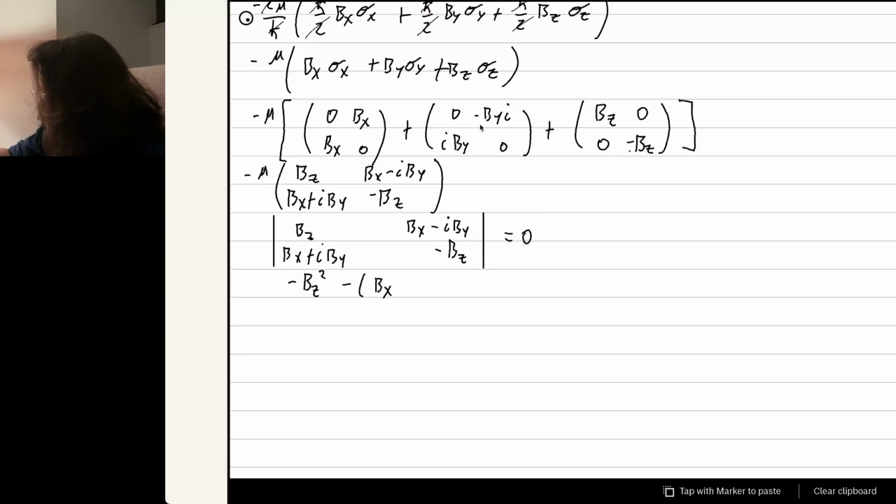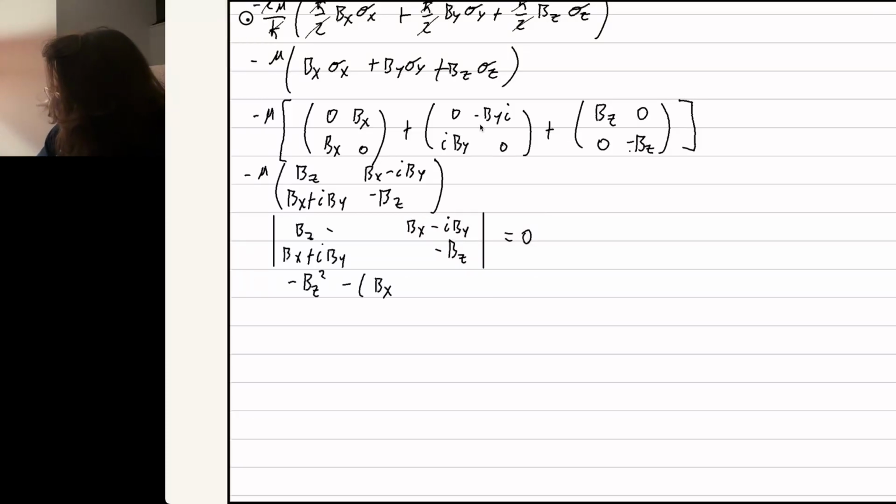It's bz minus lambda, and then minus bz minus lambda.